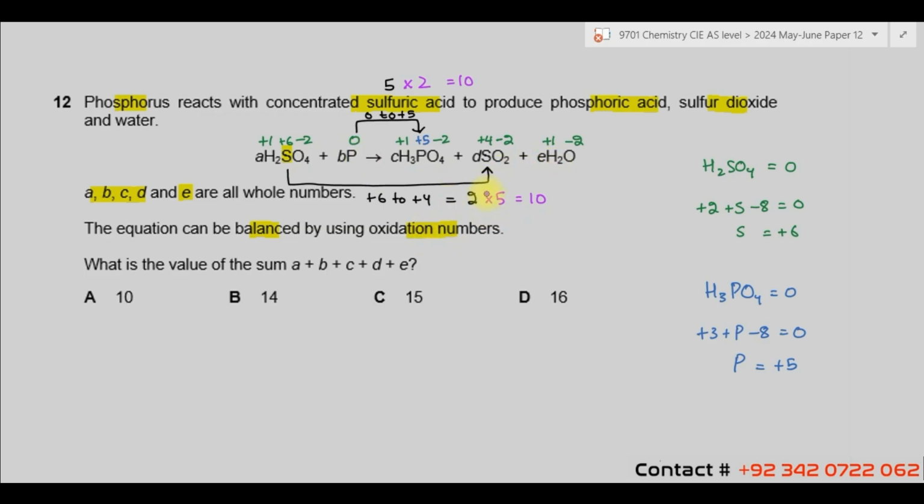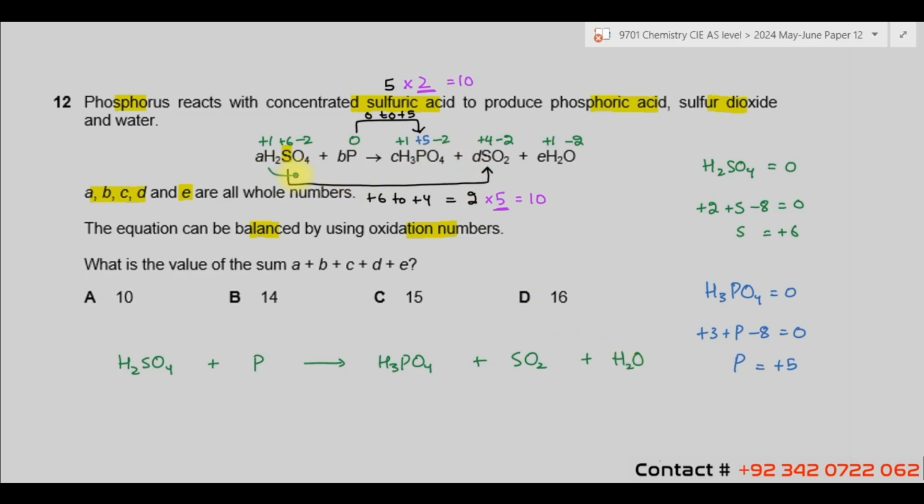Let's rewrite the equation and we can use these as balancing numbers. Okay, so we have H2SO4, phosphorus, H3PO4, sulfur dioxide and water.